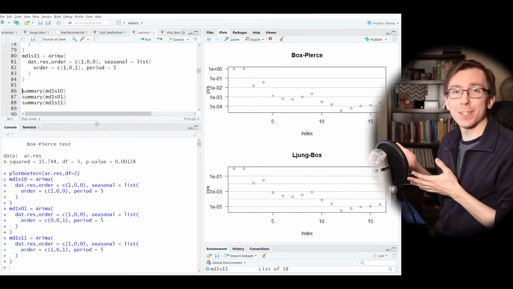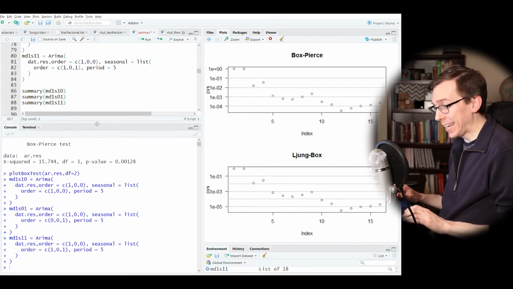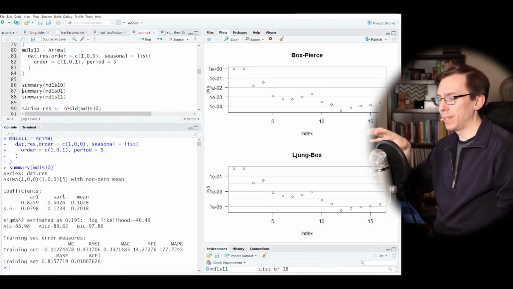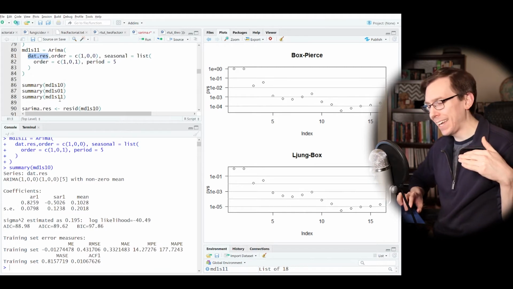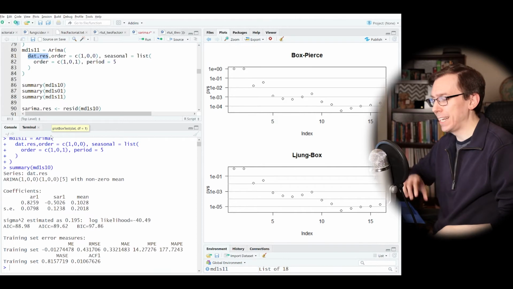Now that we have these 3 models fit to our data, we can look at the summary and see what we get. Remember, these models are also applied to the same residuals from our linear model, so we can compare the AIC and BIC values to those that we found before.